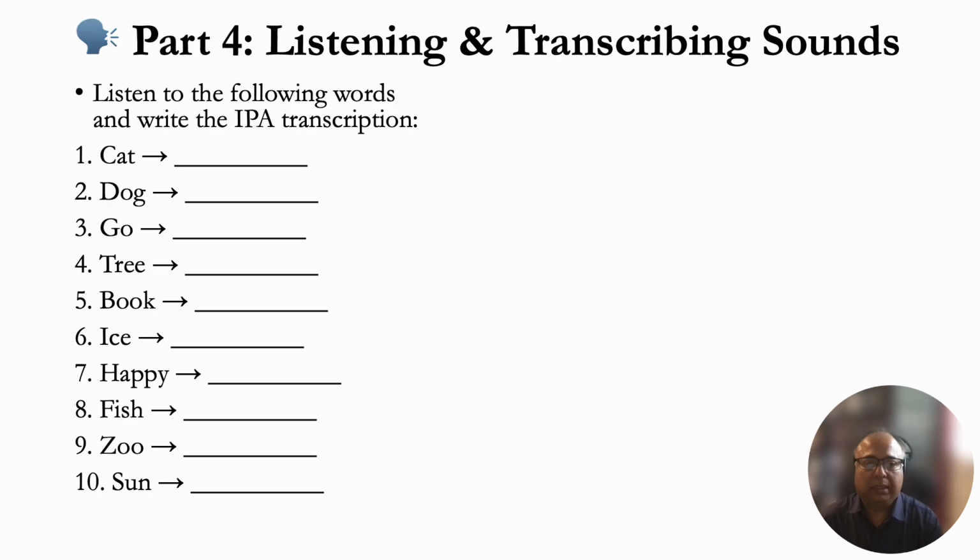Cat. Cat. 2. Dog. Dog. Dog. 3. Go. Go. Go. 4 is tree, tree, tree. 5, book, book, book. 6, eyes, eyes, eyes. 7, happy, happy, happy. 8, fish, fish, fish. 9, zoo, zoo, zoo. 10, sun, sun, sun.